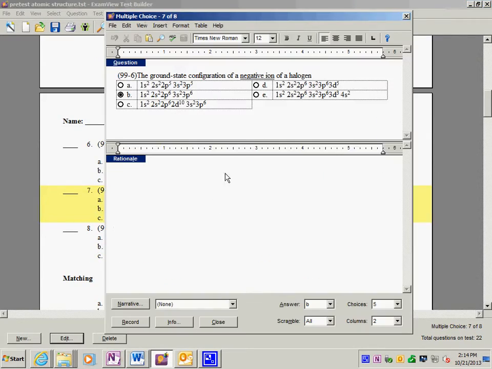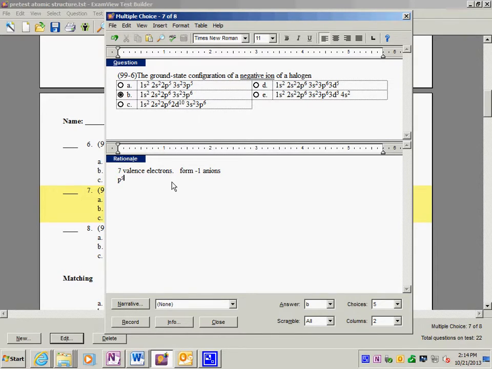This one here, for a negative ion of a halogen, halogens all have 7 valence electrons. They all form -1 anions. So normally we would see the electron configuration ending in p5, whether it be 2p5 or 3p5 or 4p5.